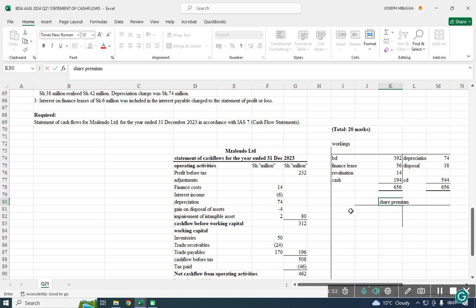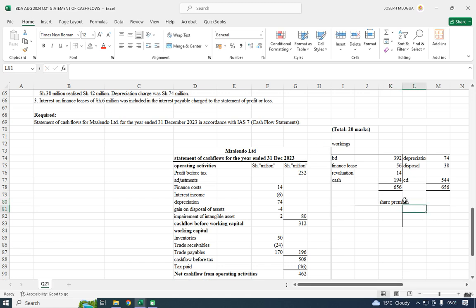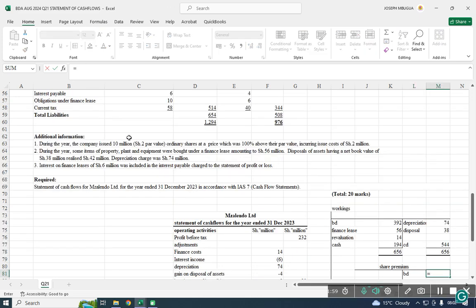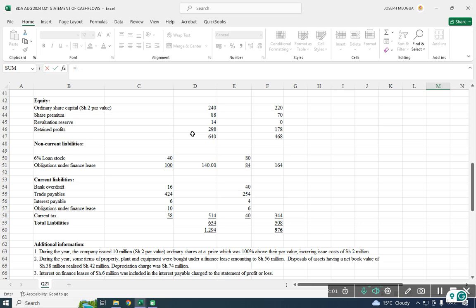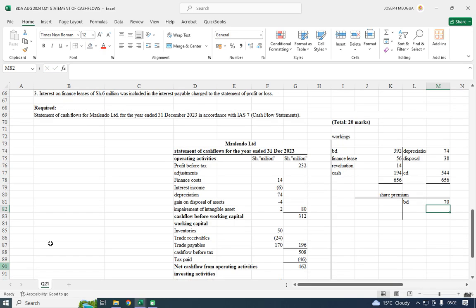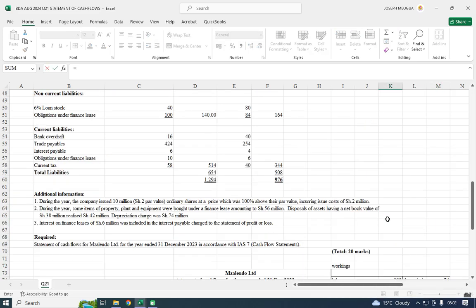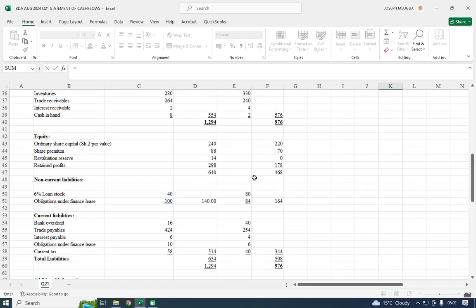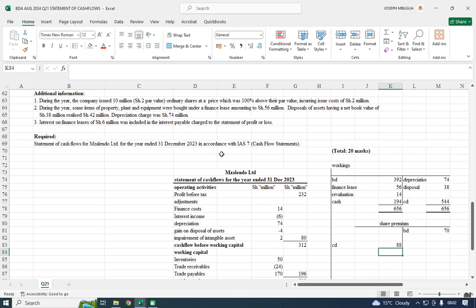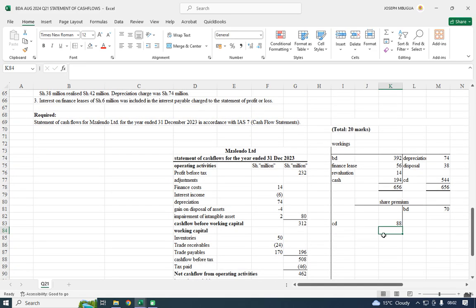So for the share premium, we have a brought down of 70, and our carried down on this end was 88.